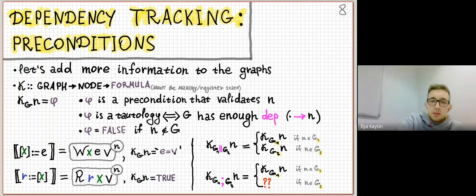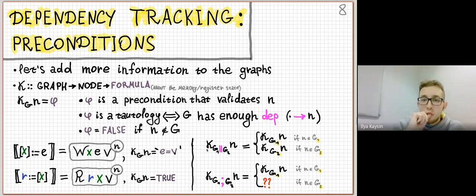So if E equals V. And for reads, we also get a singleton graph, and the precondition of read is always true. This may not seem intuitive, but we define it as true because we don't track dependencies to reads at this stage.